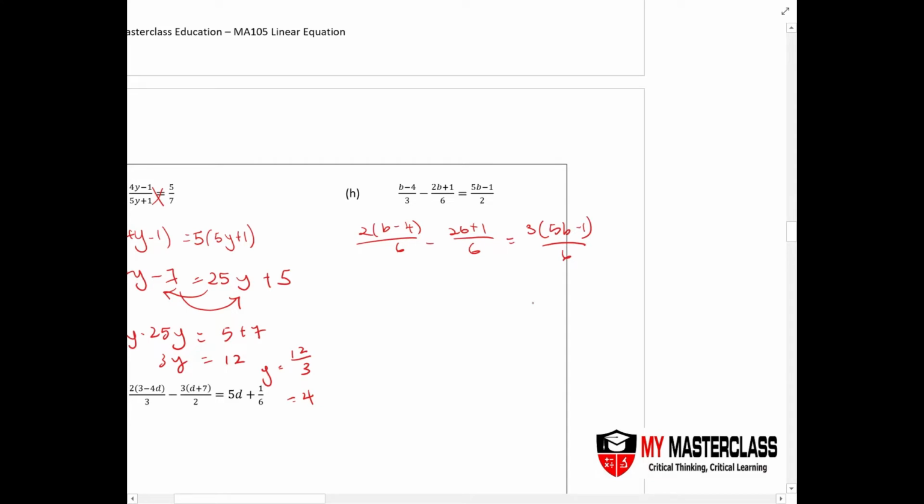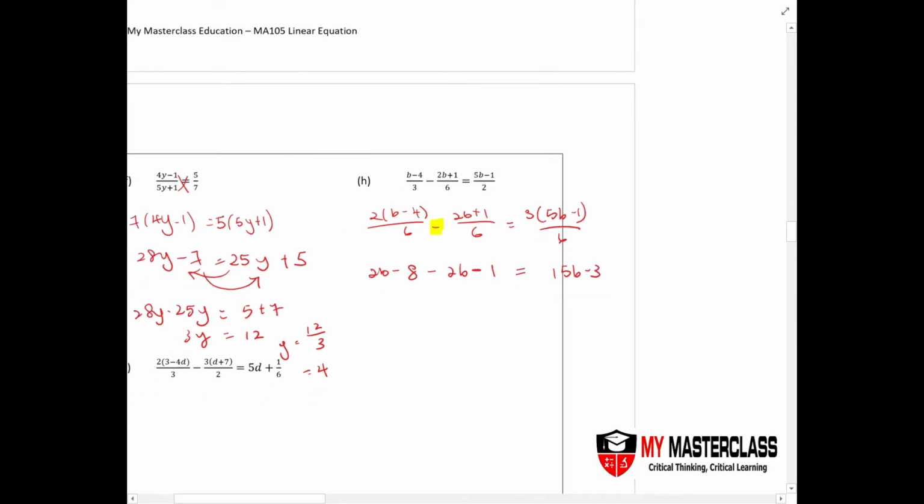When you combine them, please notice that there is a minus here, which means when you expand later, you need to change sign again. So you have 2b minus 8, minus 2b minus 1, equals 15b minus 3. Because this is an equation and the denominators are all the same, you can remove the denominators.